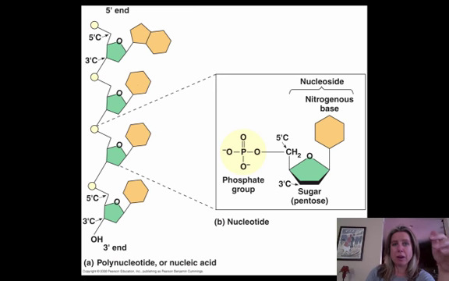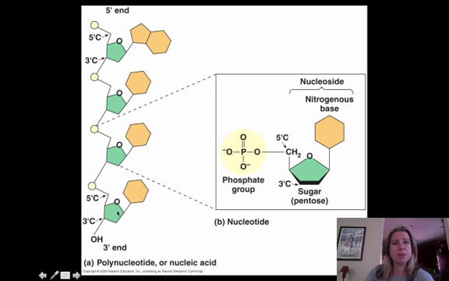However, what I want you to be aware of is that when we make this chain, there's going to be an exposed 5' end where the phosphate is up here. And down here at the bottom, the end that's exposed is the 3' carbon with the OH coming off of it. Even as the chain gets longer and longer, it's always going to have an exposed 5' end and an exposed 3' end.